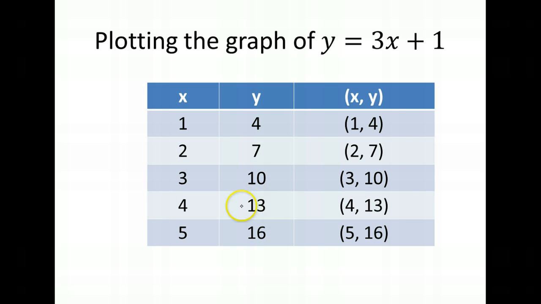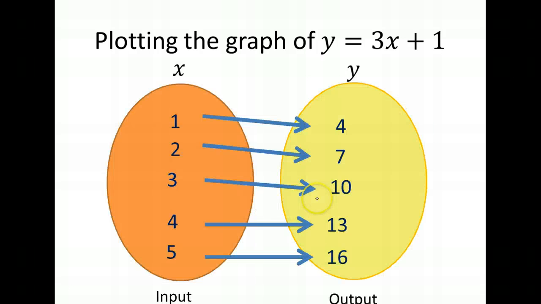Now we are going to use this to graph. Let's go back a little bit. Here we had the points. x was 1, y is 4; when x is 2, y is 7; when x is 3, y is 10; when x is 4, y is 13; and when x is 5, y is 16.